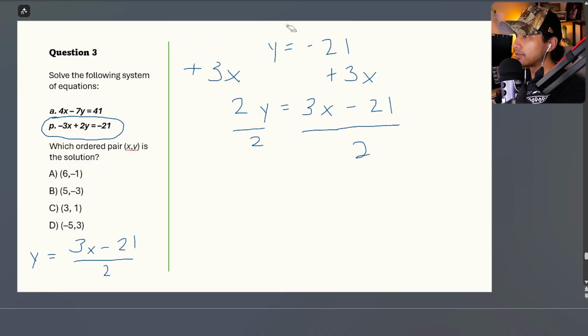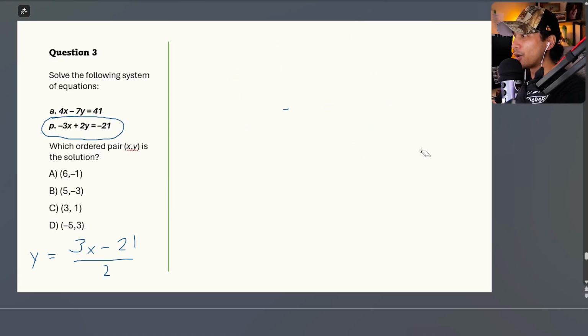Now this is ugly. I don't like it, okay? But you may come across this, or while you're taking the test, you start doing this and you're like, oh my gosh, this is not looking right. But then you're in too deep on solving the equation that you just keep going. You don't want to do the elimination route.